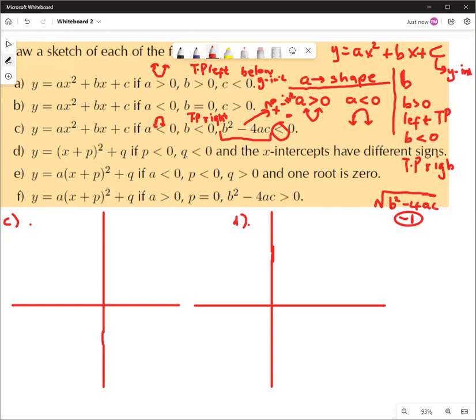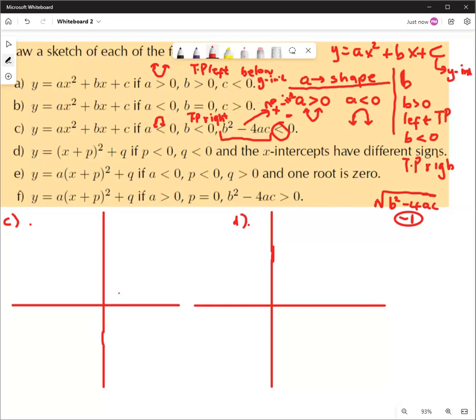Right, now let's sketch this. So I know that, okay, I'm facing down, right? And then my turning point is on the right. So on the right, it's either I'm in this quadrant or this one. Remember, they are on the right of this line, right? It's either here or there.